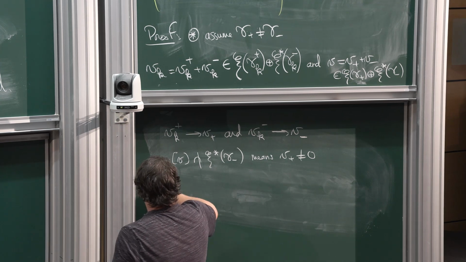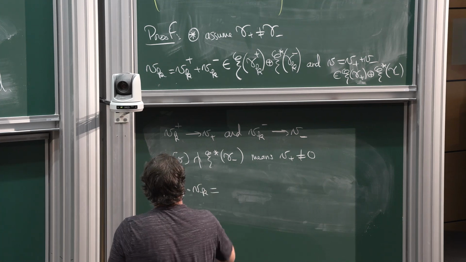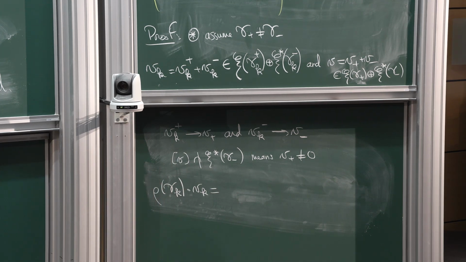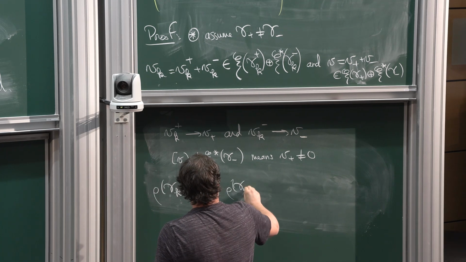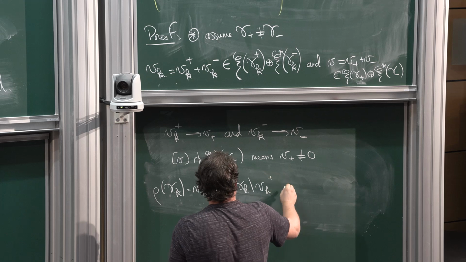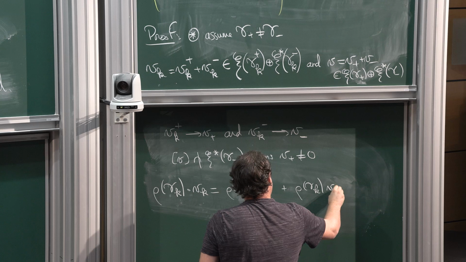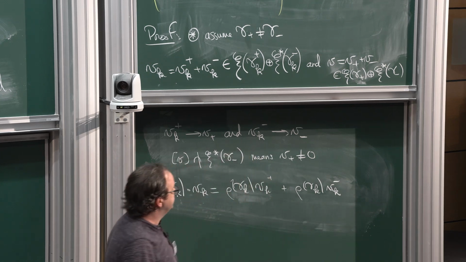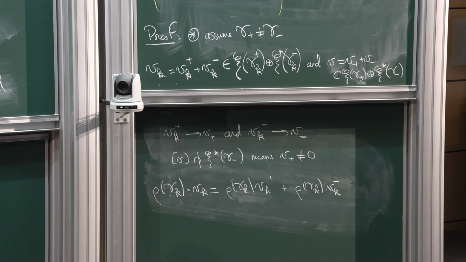So now we're going to let rho of gamma k act on vk and see where it goes. We're going to decompose this into vk plus and vk minus. But vk plus is in this line psi of gamma k plus, which is the attracting line for gamma k, which is an eigendirection of gamma k.